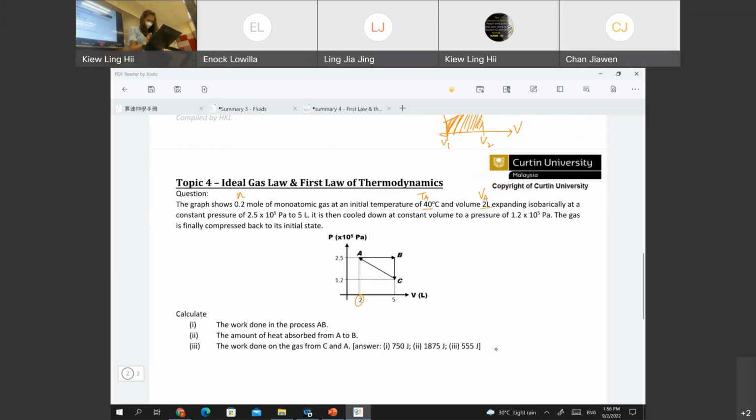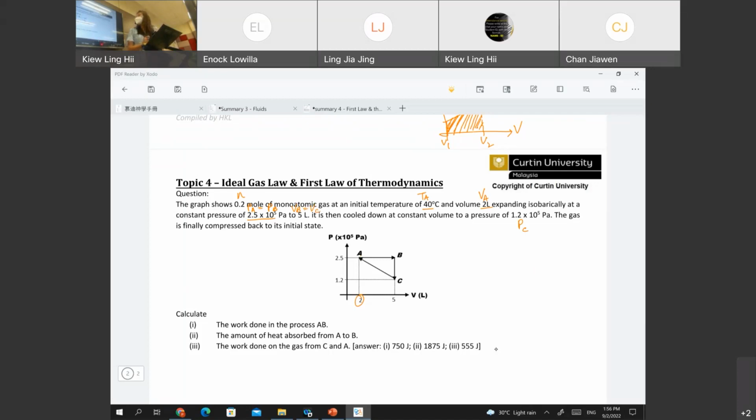Expanding isobarically at a constant pressure of 2.5 times 10 to the power of 5, so this is PA and also PB. Volume 5 liter, so that will be our VB. Then cool down at constant volume to pressure 1.2 times 10 to the power of 5, so PC. So VB also equals VC. Then back to the original state.